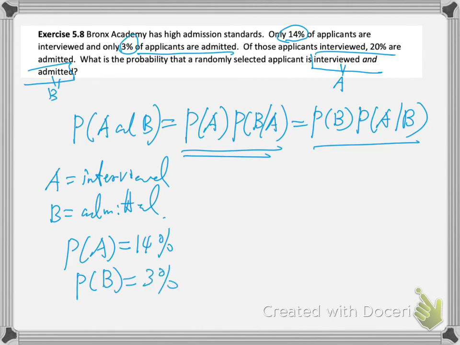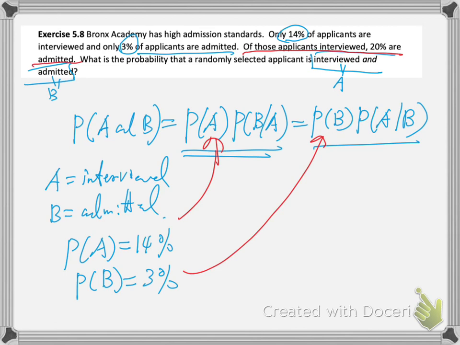Now we have one number for one formula, P(A), and one for the other, P(B). The next one is important because it will tell us which formula: B given A, or A given B.